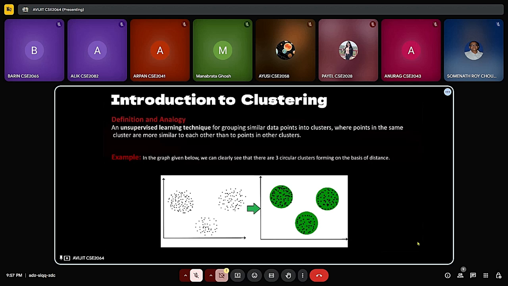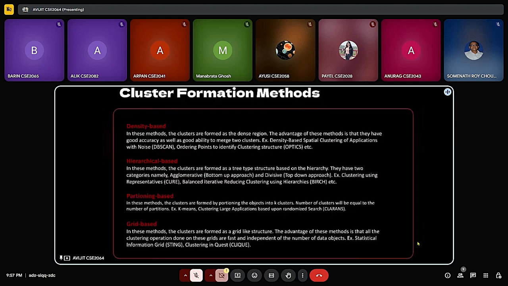Now the cluster forming methods. There are many types of clustering methods. Firstly, density based. In this method, clusters are formed as dense regions. The advantage is good accuracy as well as a good ability to merge clusters. For example, density based spatial clustering of applications with noise, or DBSCAN, and ordering points to identify clustering structure, or OPTICS.